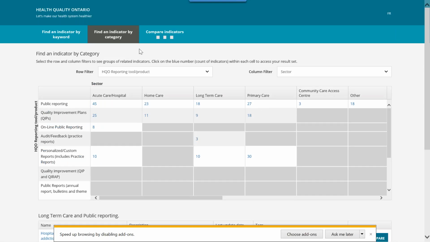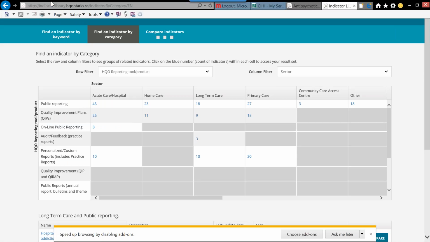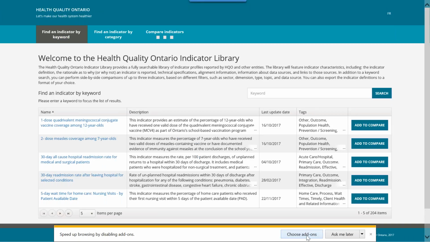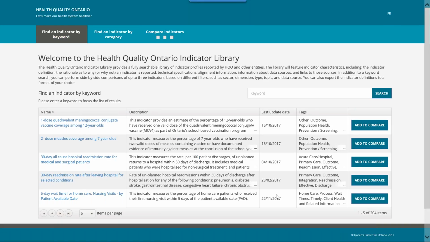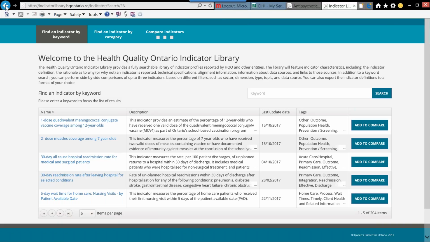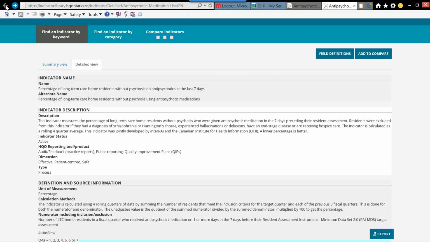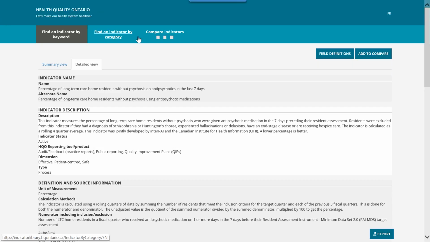If we look at the health quality page, you can see that you can go to the Library for Health Quality Ontario, and it's going to give you the different indicators that are part of the quality indicators, and you're going to be able to see what the standard is from what Health Quality Ontario is providing for you. So let's just have a quick look.